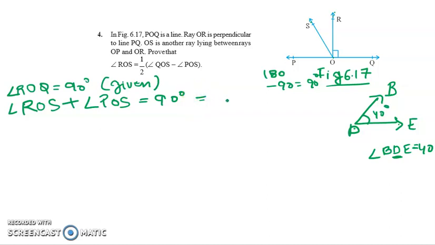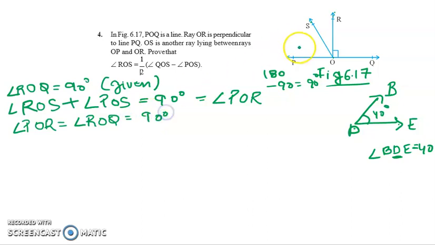POR. Angle POR is equal to angle QOR or ROQ, which is equal to 90 degree. Why? Angle POR and this angle QOR, you can write QOR or ROQ, it does not make any difference. It is 90 degree.